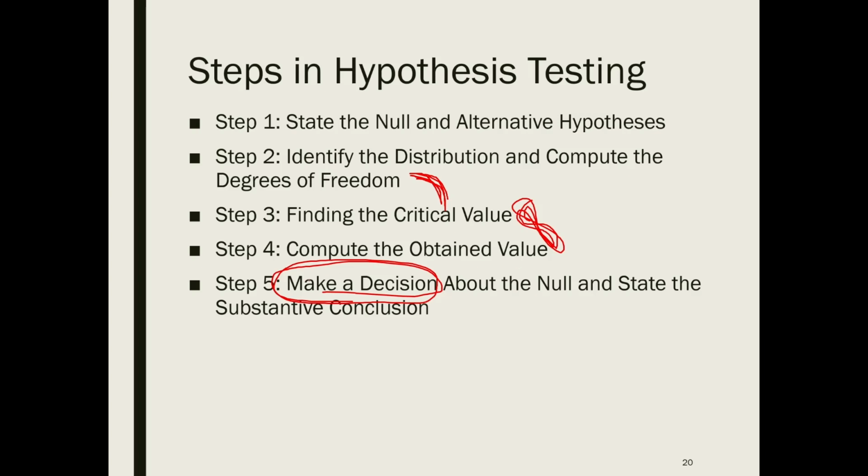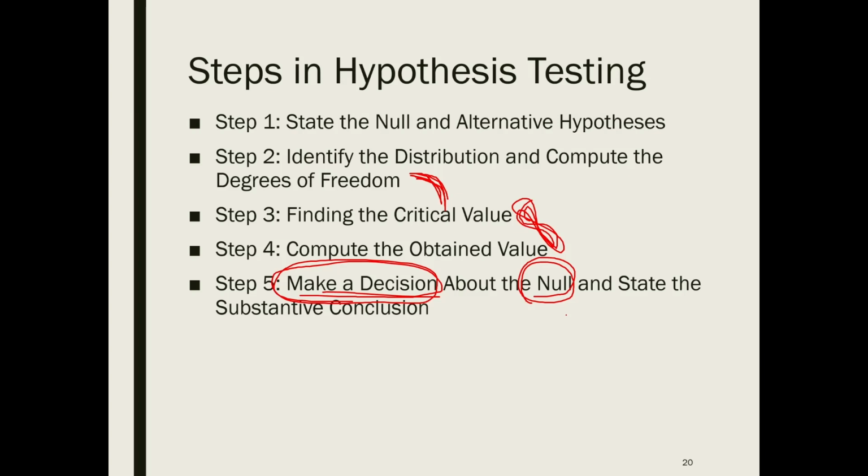Okay, so in the 5th, we're going to make a decision about the null hypothesis, whether we accept or reject it. Okay, this is a classic textbook hypothesis test, not only in criminology or criminal justice, but in all social sciences. This is the classic textbook approach, and in the future PowerPoints, the hypothesis testing will run like this.